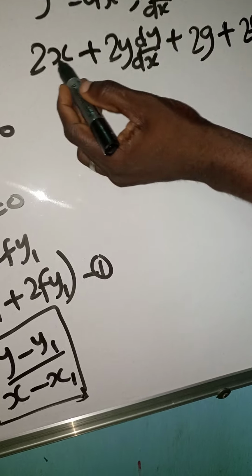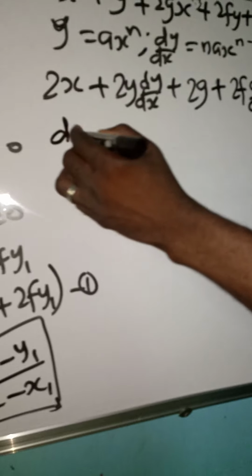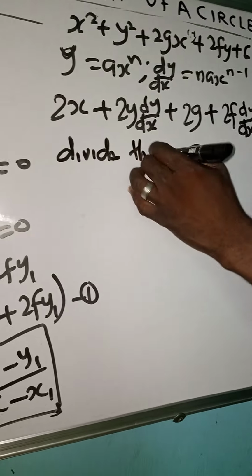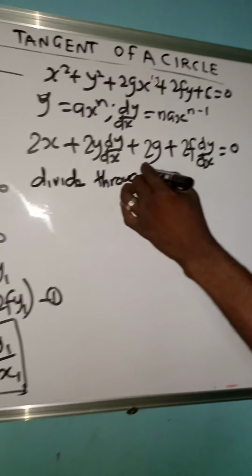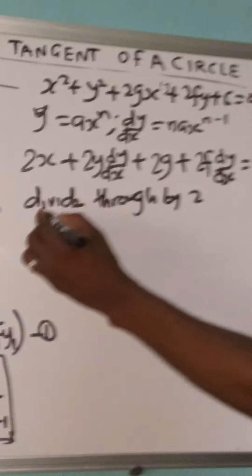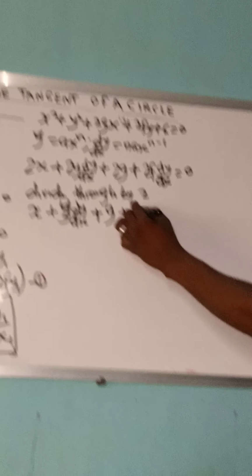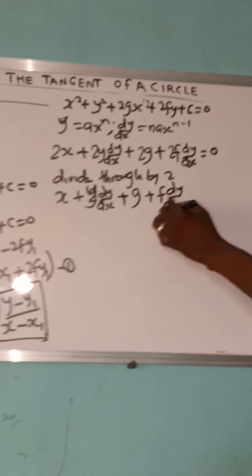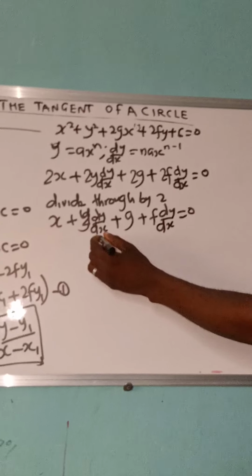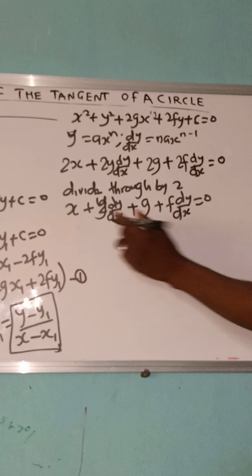But I can see that 2 is a common factor. So divide through by 2. So here you have x + y dy/dx + g + f dy/dx = 0. I want to make dy/dx the subject of the formula. So we have dy/dx in 2 places.